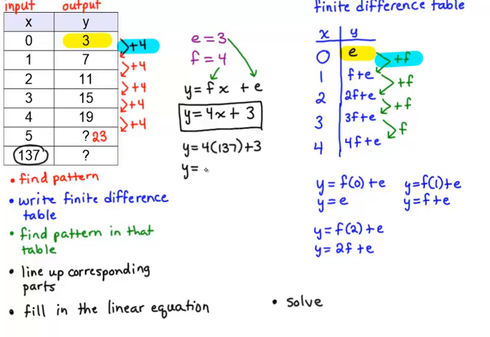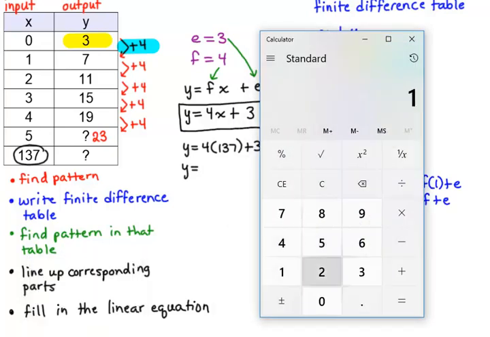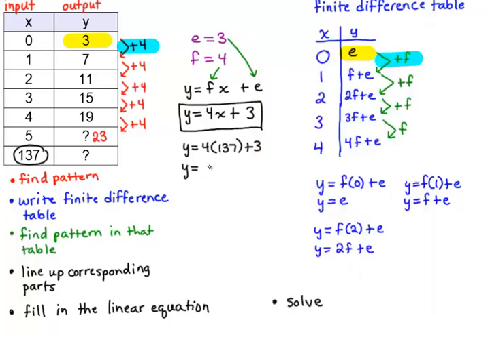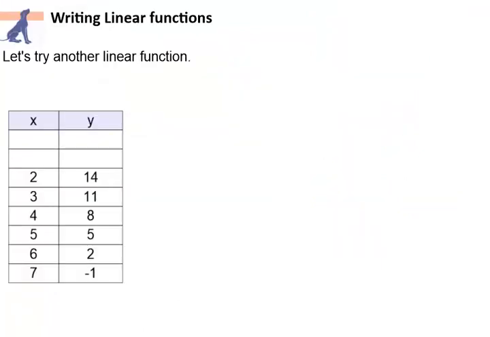So y is equal to 548 plus 3, which is equal to 551. And that's my answer. Okay, so that's a linear equation.